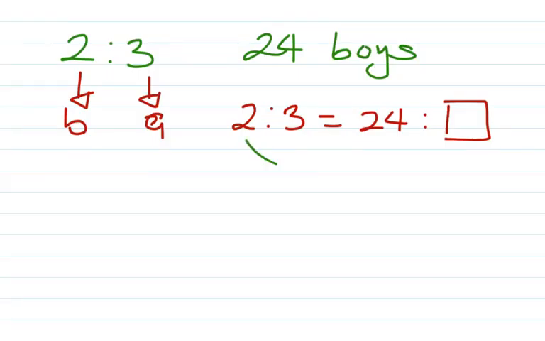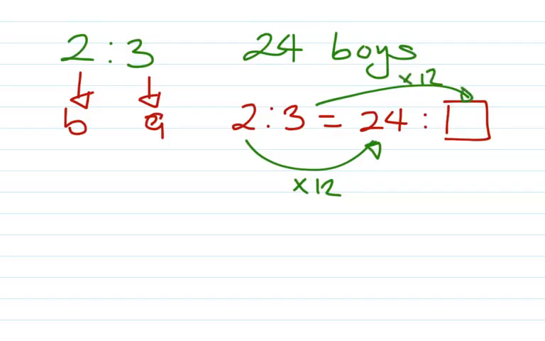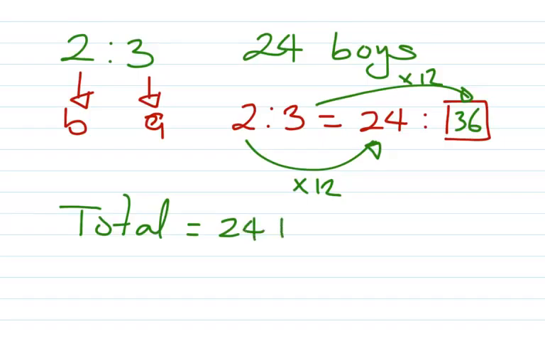By quick looking at it here, the 2 was multiplied by 12 to give me 24, so I will just multiply my 3 by 12 as well, giving me 36. From that I can do a quick bit of adding to say that the total number of children in the class would be my 24 plus my 36, which is going to give me 60 children. And that's as simple as it is.